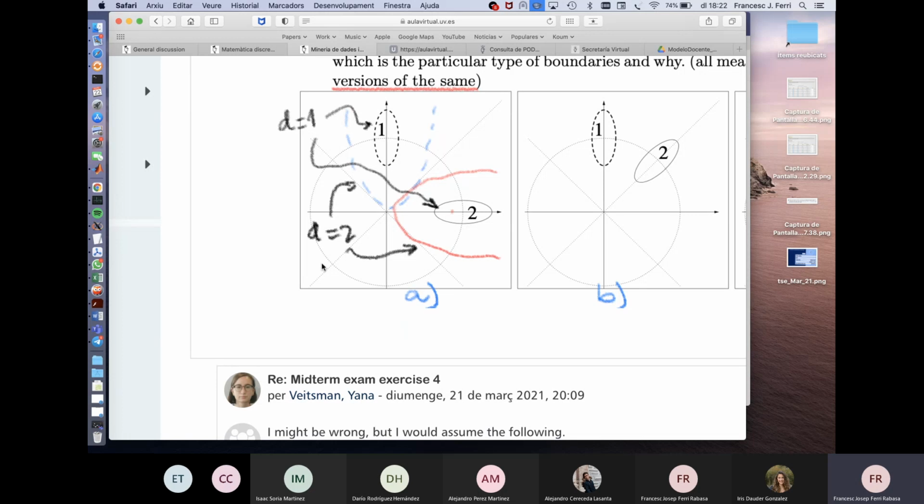Now, which is the exact Bayes boundary for this problem? Something like, more or less, this, which is the limiting case of a parabola that becomes not a line, but two lines.